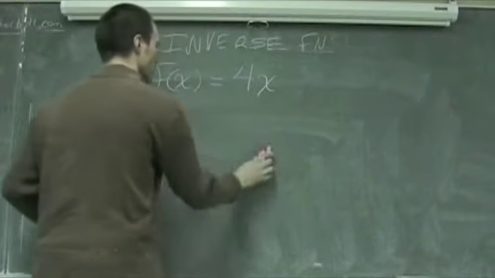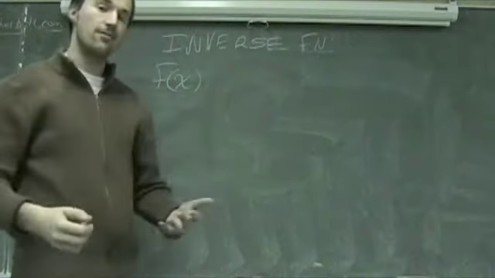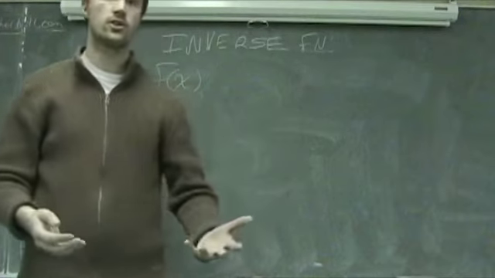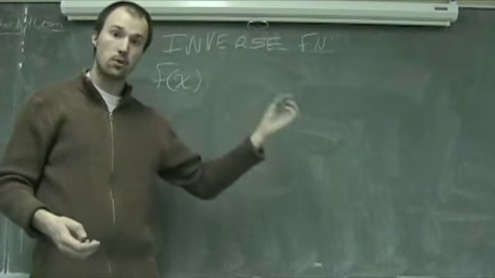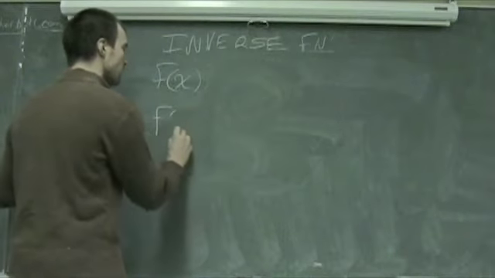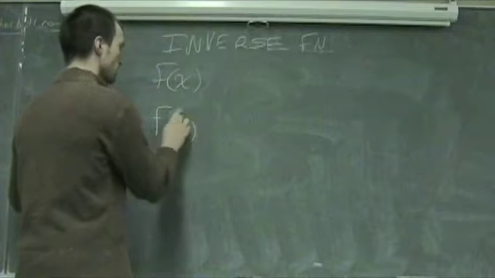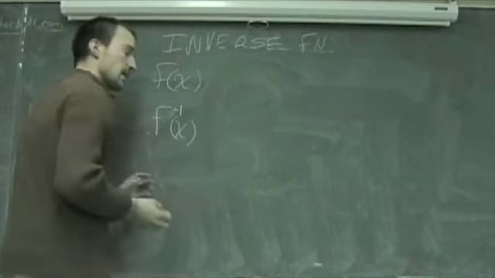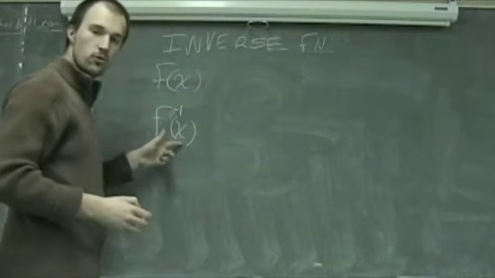Let's take another approach to it. If we have a function f of x, and it's a function, so each member of the domain has one and only one member of the range, we can find an inverse of x, which is written f with a -1 as a superscript before the x.